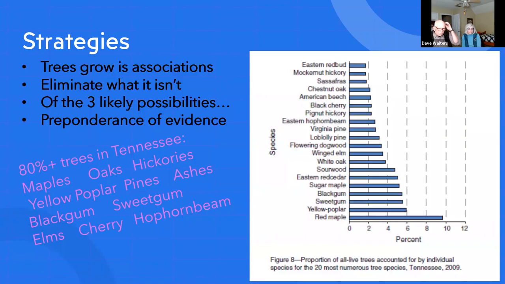So if you know maples, oaks, hickories, yellow poplar, pines, ashes, those guys, you know most of the trees. Unfortunately, a lot of people want to know the odd stuff, what's not those, or fortunately, because it's interesting to chase those too.